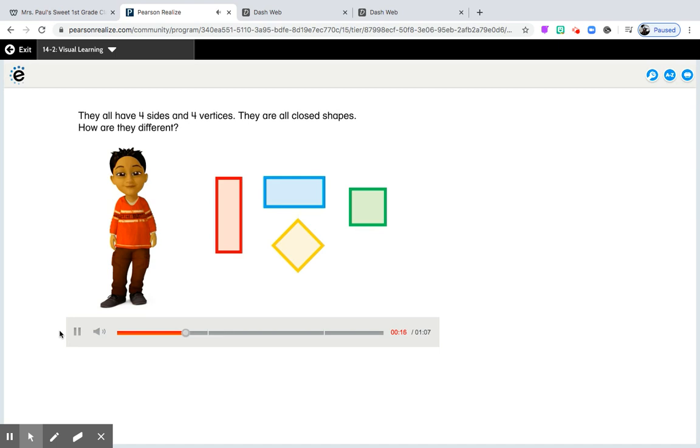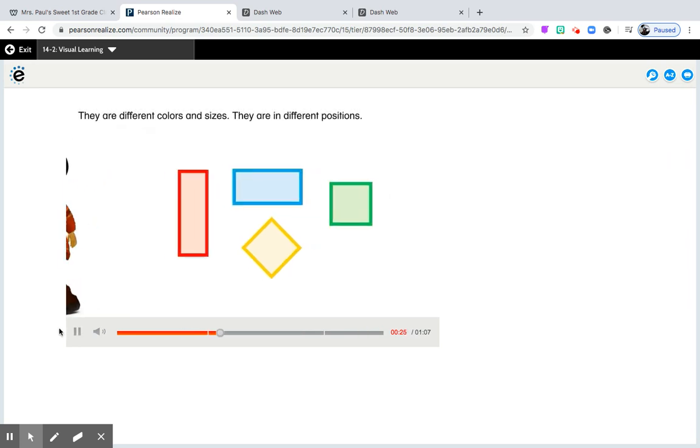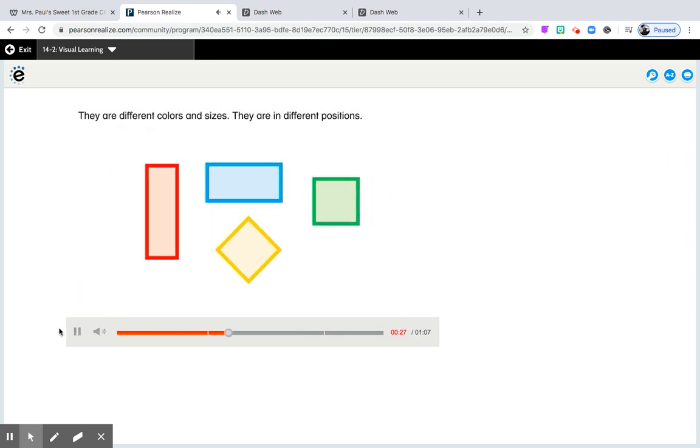They all have 4 sides and 4 vertices. They are all closed shapes. How are they different? They are different colors and sizes. They are in different positions.